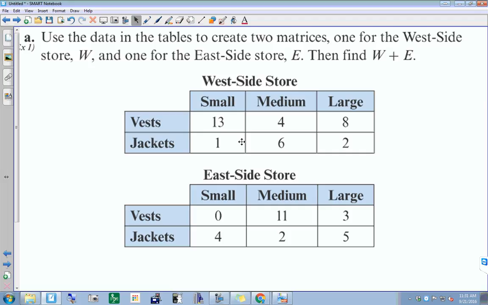All right. So we're supposed to find W plus E, right? So if I grab these values and put them in a matrix. Now again, I've seen some of you using parentheses and squiggly lines. Make sure that they're square brackets. Because I can guarantee you on the ACT test, even on the MCA test for graduation, they have these things there and they do identify parentheses, brackets, braces.